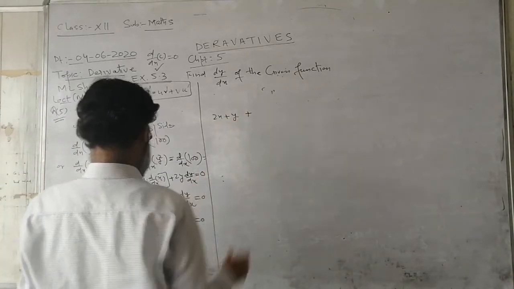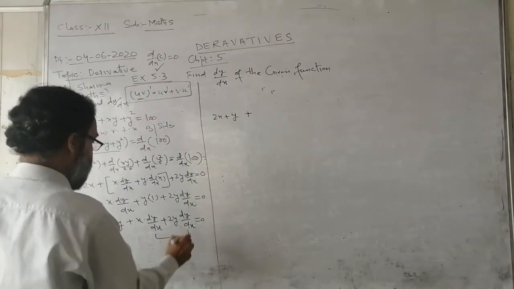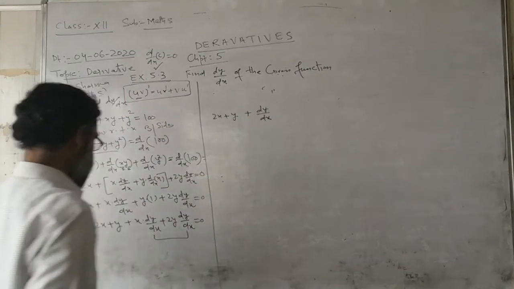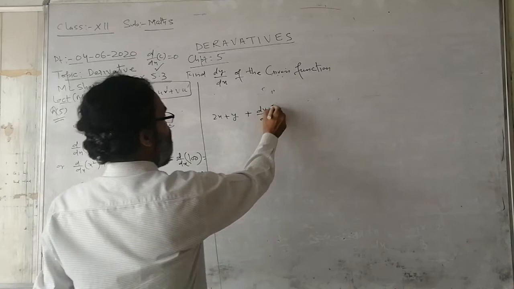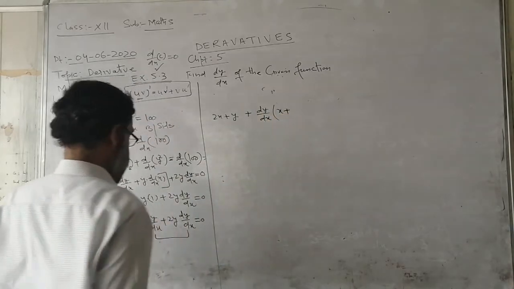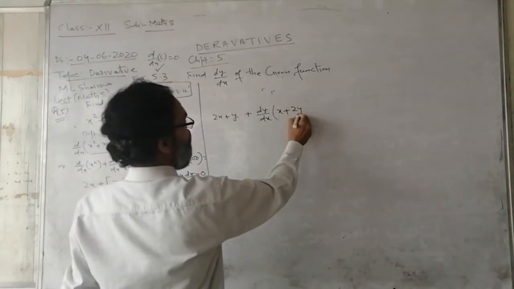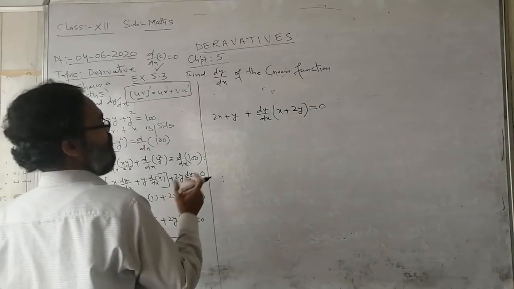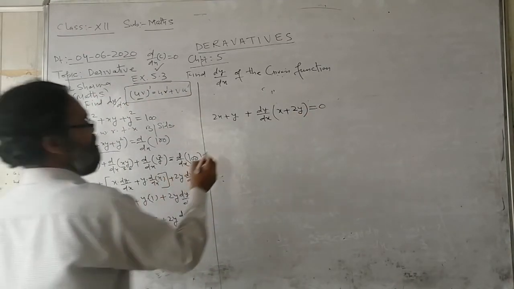Then I can take dy upon dx common, and I will be left with x plus 2y. I have to find the value of dy upon dx.